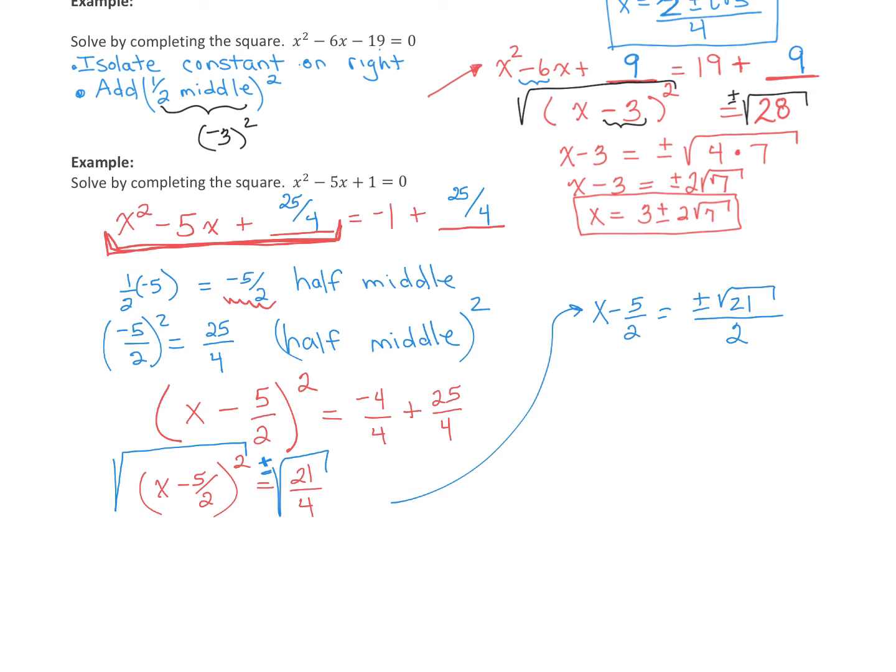And then we add 5/2. So we get 5/2 plus or minus root 21/2, which is fine. If you want to, because these have the same denominator, you can combine them and write 5 plus or minus root 21 all over 2.